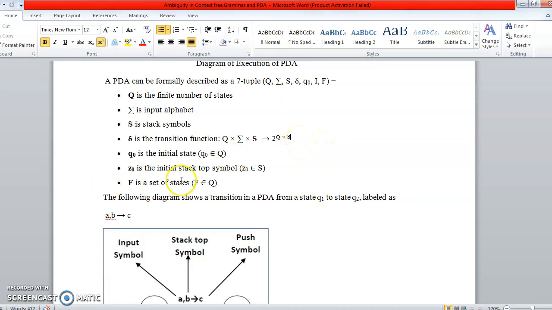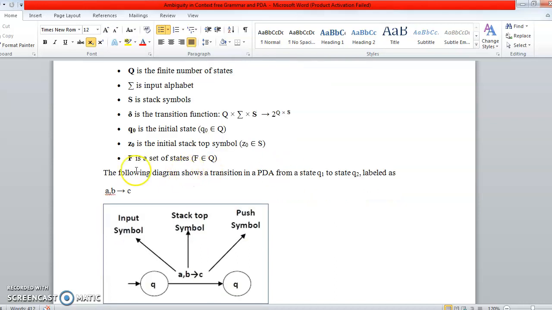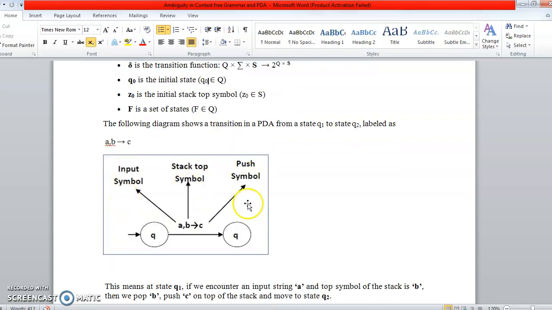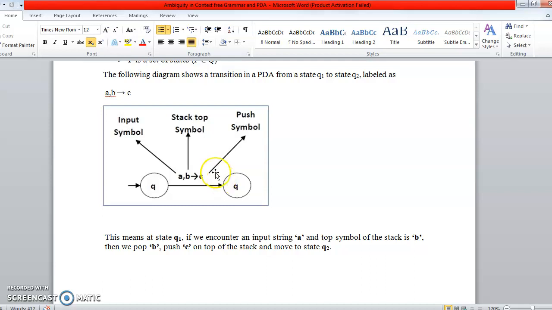Q0 is the initial state, Z0 is the stack top, which is more important, and F is the set of final states. So this is the short diagram.